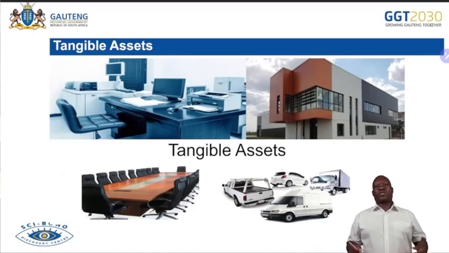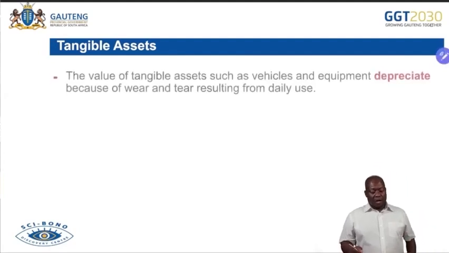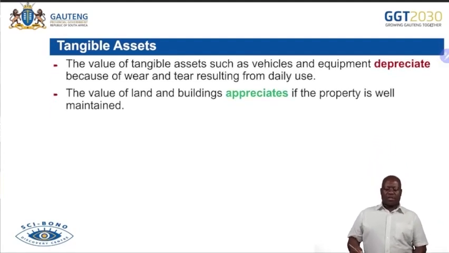Now we have got our tangible assets in pictures. Please take note. Land and buildings, equipment, and we have got our vehicles there. And then when we look into tangible assets, you are going to see that the value of some of our tangible assets, specifically vehicles and equipment, always decreases.